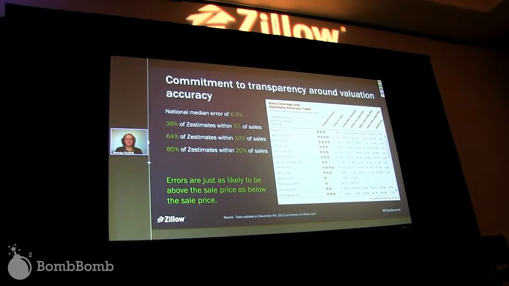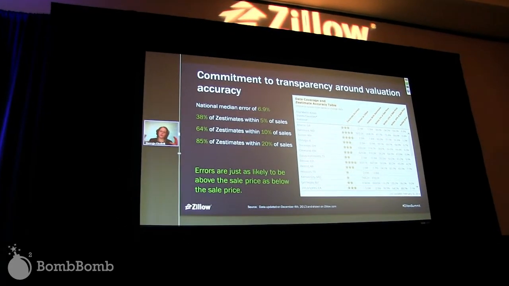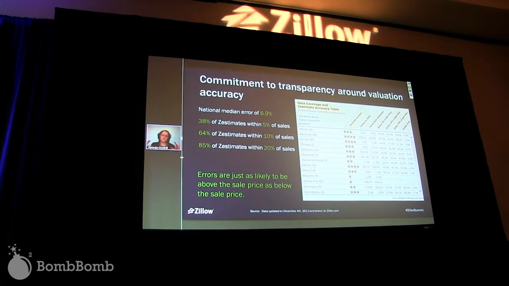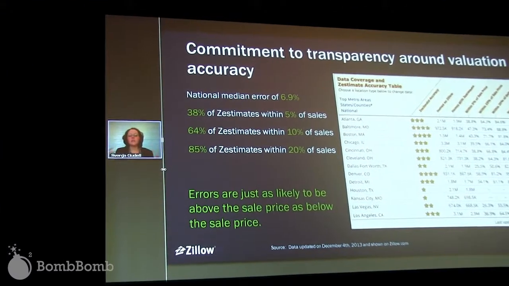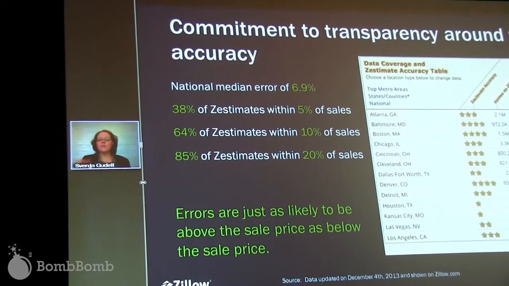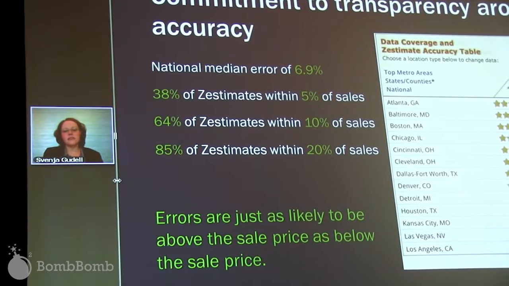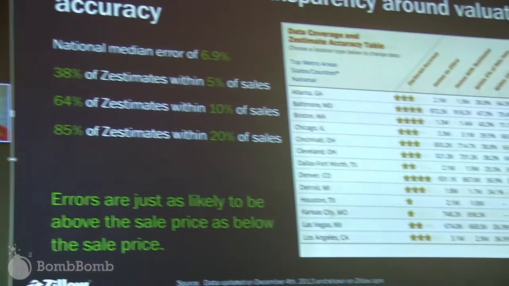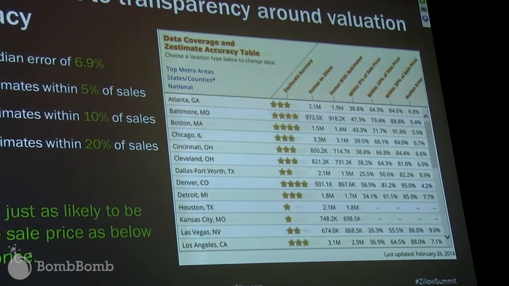Maybe that's a fairly large range for you, or you're quite comfortable going plus or minus 20%. If you say, well, I want a slightly tighter range, I can tell you that 64% of our estimates fall within plus or minus 10% of sales. So the bulk of the estimates are really quite tightly clustered around the actual sale price.